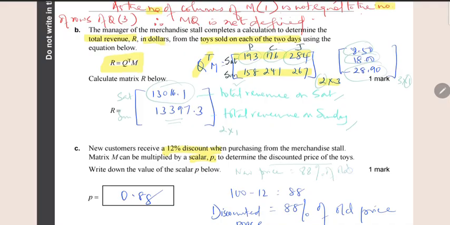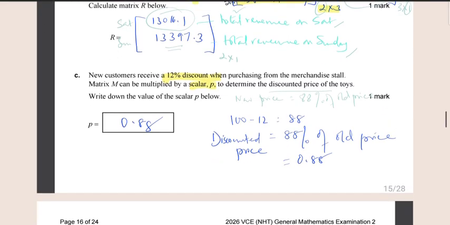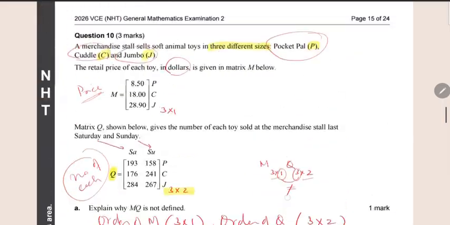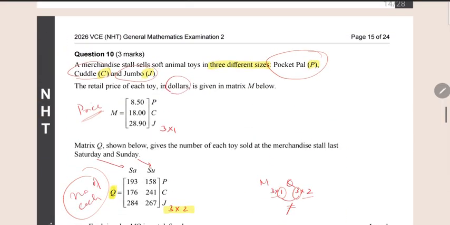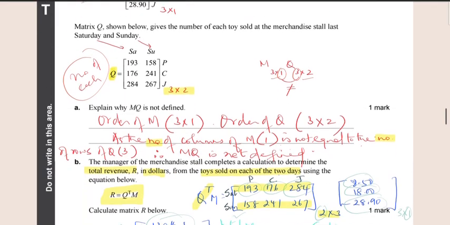This is just a concept relating to percentages, which is learnt in the lower classes. Okay, and so 88% is nothing but 0.88. So if you multiply 0.88 into the original price matrix M, you should get the new price. Each of those values is decreased by 12%.